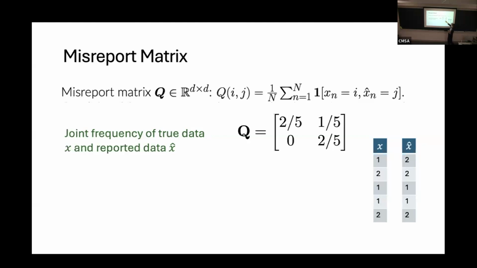And similarly for the second row. So notice that this is essentially the joint frequency of the true data X and reported data X hat. And such a matrix exists between any pair of X and X hat, even if we don't know what this matrix looks like. So we're just trying to use the Q to capture the structure.